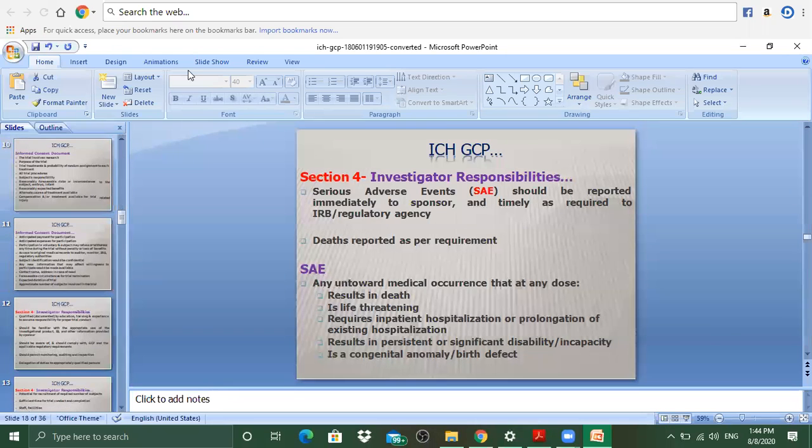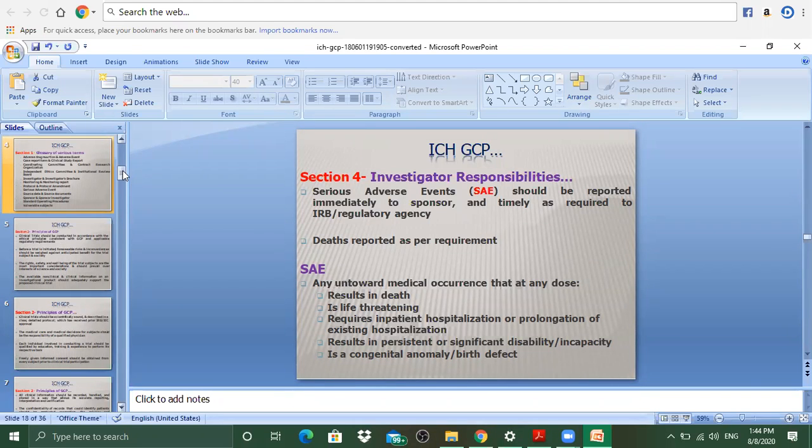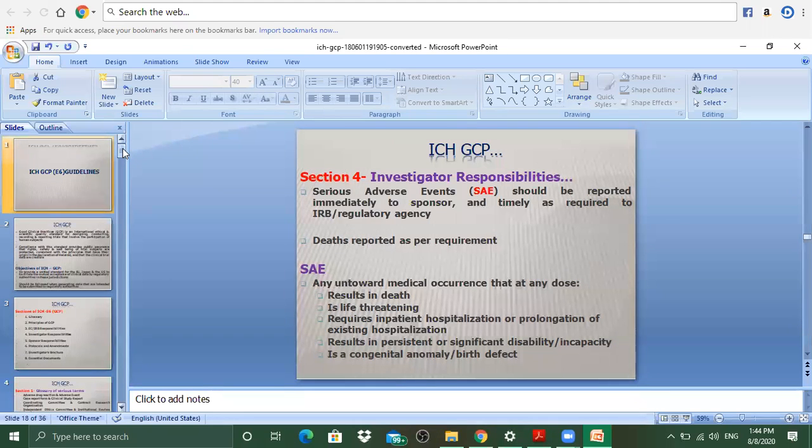One more thing I was thinking of: there is one topic remaining in our ethical issues guidelines, which is animal ethics.